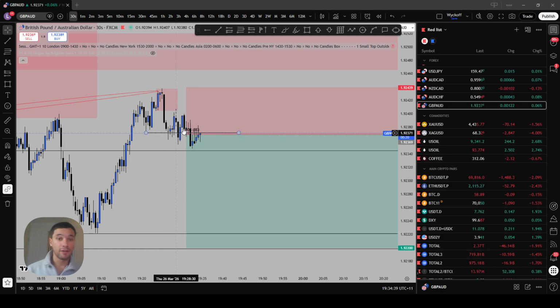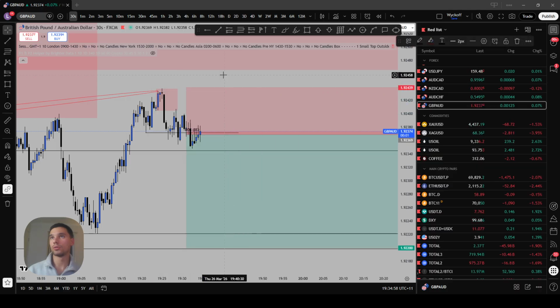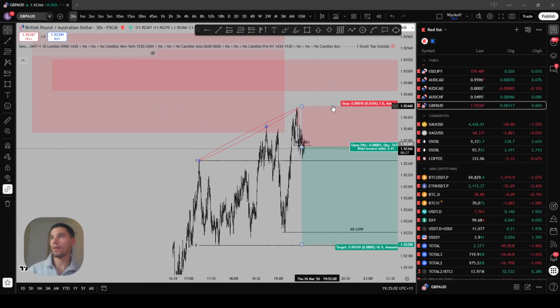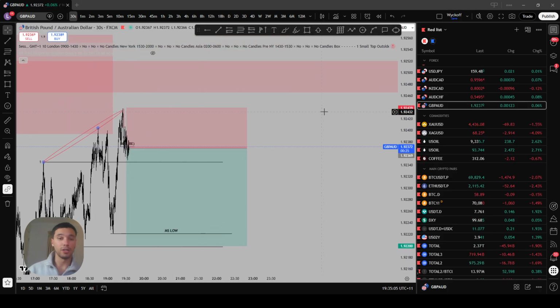We have formed a very, very mini accumulation. I will set my alerts and we can continue charting. We don't need to watch this at every single candle.